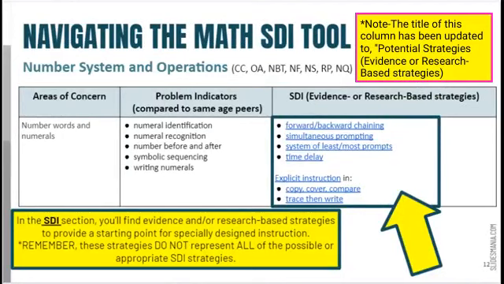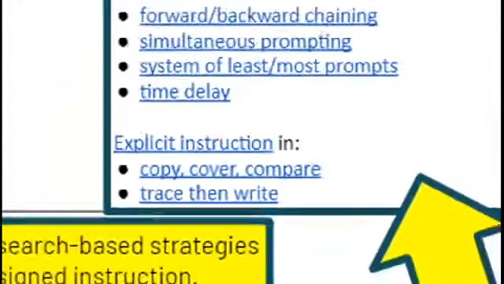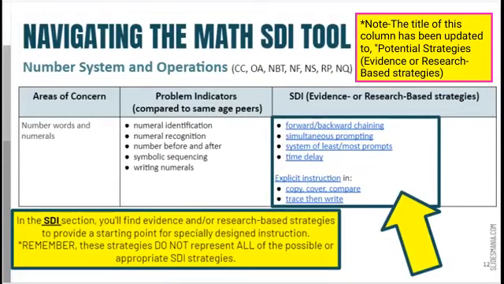In the last column, there are some possible evidence and or research-based SDI strategies listed that might be used for these problem indicators. SDIs are alphabetized and not ordered by importance or effectiveness. Explicit instruction has a separate list that is alphabetized.